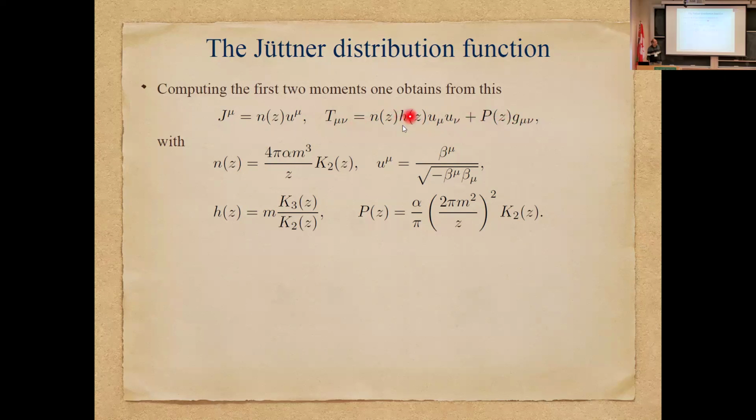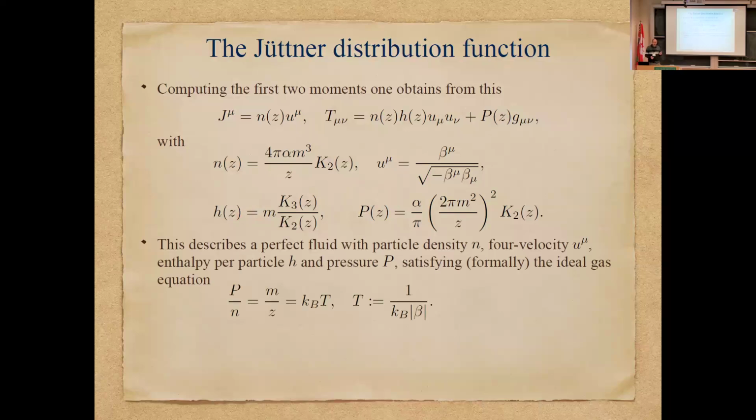That's the pressure, and h here is the enthalpy per particle. And then you can compute this explicitly. So n, for example, is given in terms of this modified Bessel function. Here the 4-velocity would just be this vector field beta^mu normalized. And this is the expression for the enthalpy and the pressure.